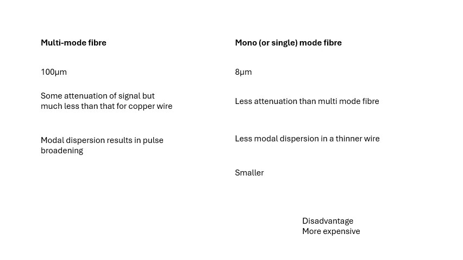Well, you have a very thin wire, and that's the mono mode, or single mode fiber. 8 micrometers, very thin. There's less attenuation than the multimode fiber, less modal dispersion because it's thinner, and it's smaller, so it takes up less room. Disadvantage, it's harder to make, so it's more expensive.